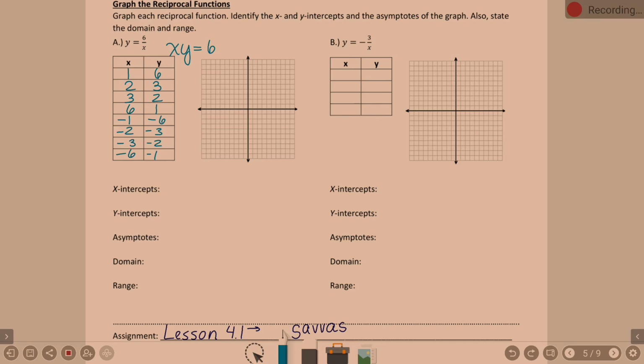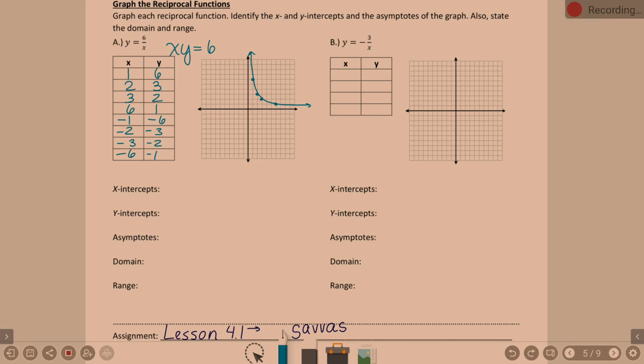Right 1, up 6. Right 2, up 3. Right 3, up 2. Right 6, up 1. This is the curve in that top corner.